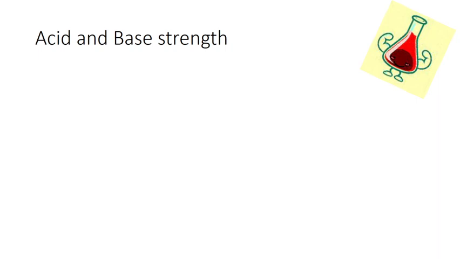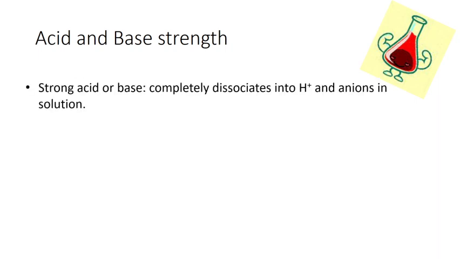Now, this goes along with acid and base strength. And how we define strong acids and bases, these are things that completely dissociate into H plus and anions in solution, or a cation and hydroxide ion if you're talking about a base.